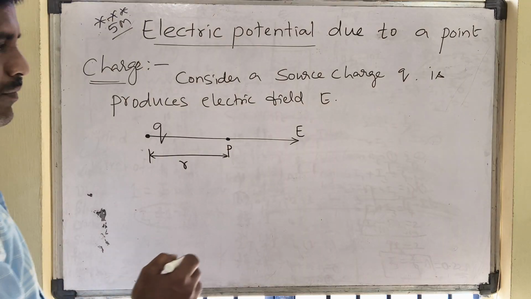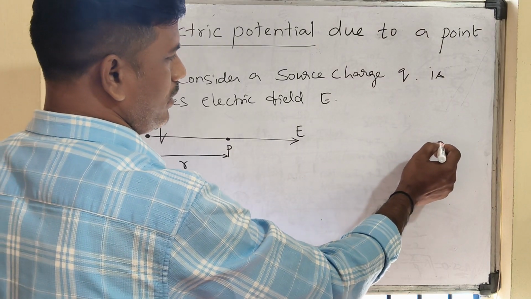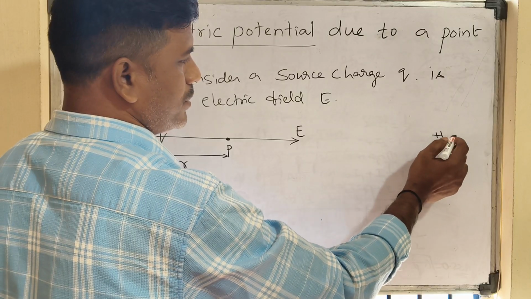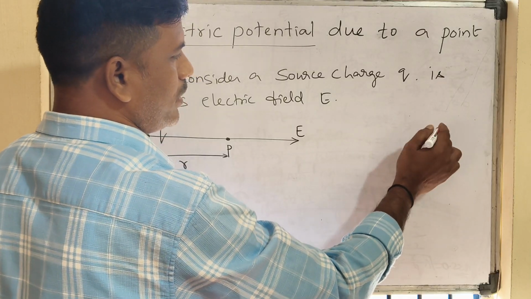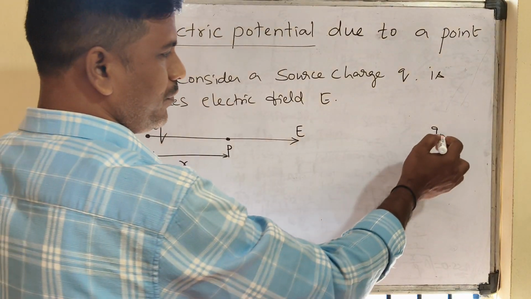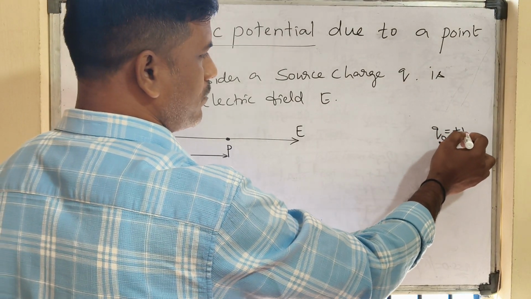Here there is a unit positive test charge, Q naught equal to plus 1 coulomb.